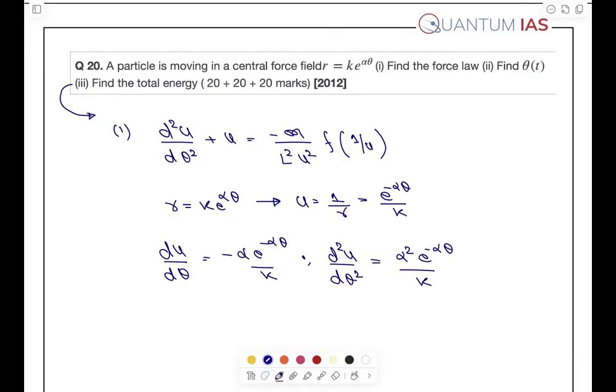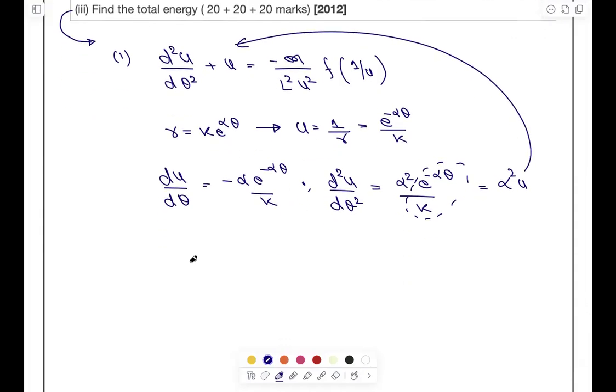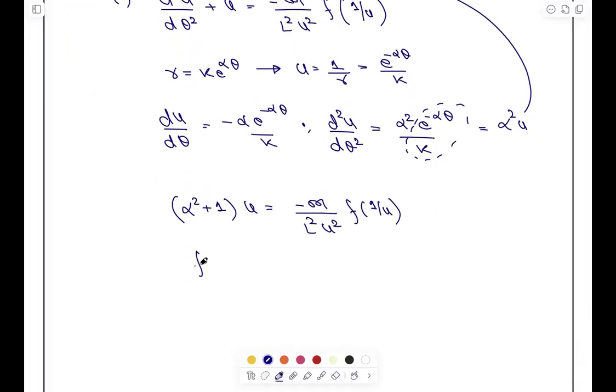Now e to the power minus alpha theta upon k is equal to u only. So it is alpha square u. If you put this thing here, you will get alpha square plus 1 times u is equal to minus m upon l square u square f of 1 by u. So from here we get f of 1 by u is equal to minus L square u cube by m times alpha square plus 1.